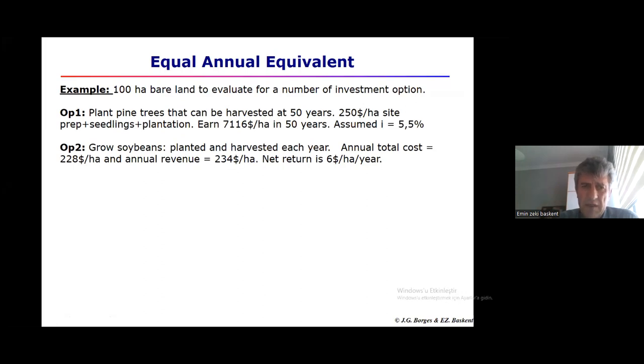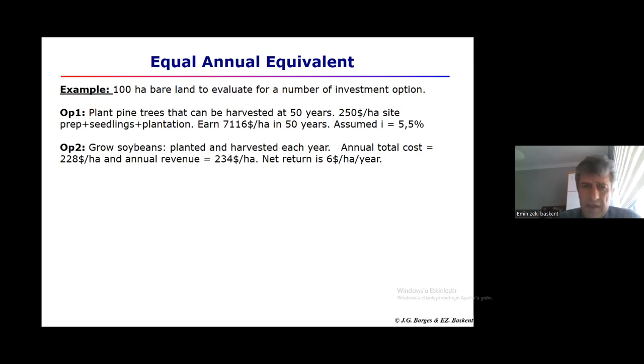Option 1, we're saying that the land would be planted with pine trees that can be harvested at the age of 50, and $250 per hectare is spent for site preparation, seedlings, and plantation. All the costs associated with plantation is equal to $250 per hectare.